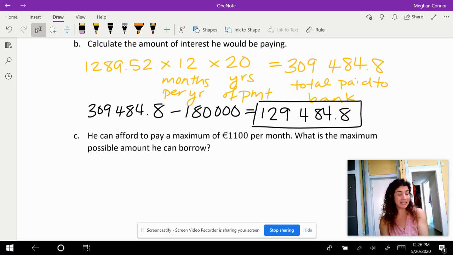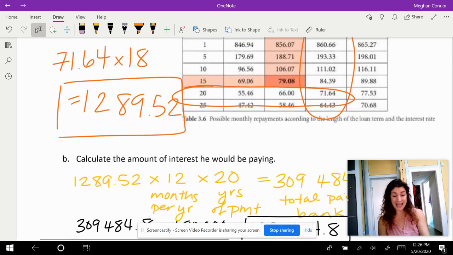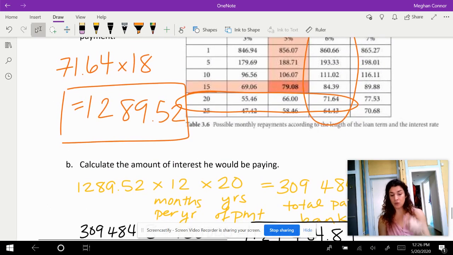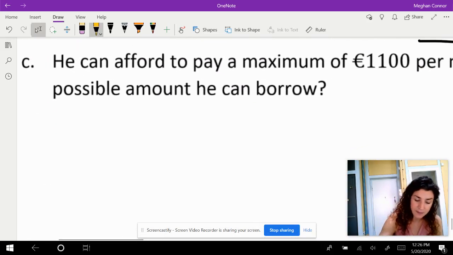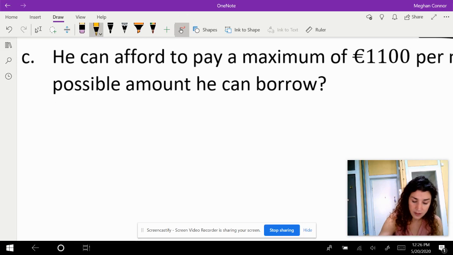So now we're doing the exact same thing we did in part A, but backwards. So we're going to take 1,100 and divide it by 18. Sorry, not 18.